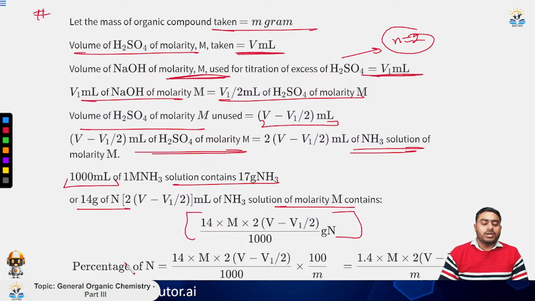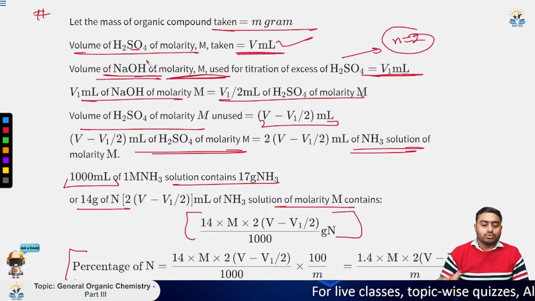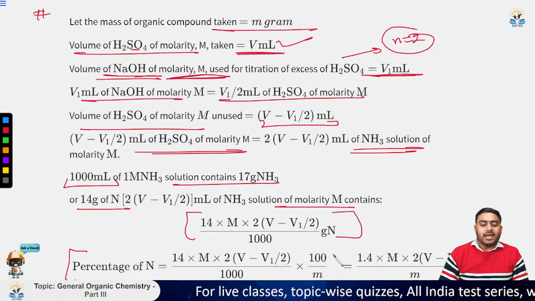So how can you calculate percentage? 14 into M into 2 into V minus V1 by 2, where V is the volume of H2SO4 of molarity M taken and V1 is the volume of NaOH of molarity M used. Divide by 1000, multiply with 100 and divide by m.